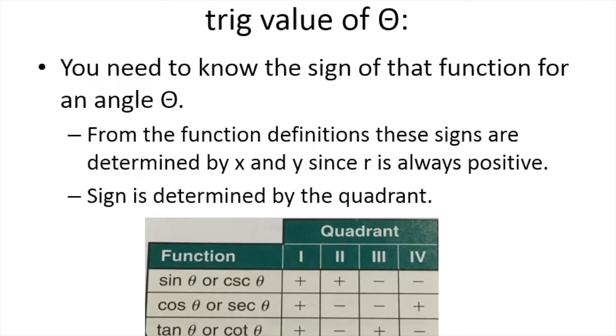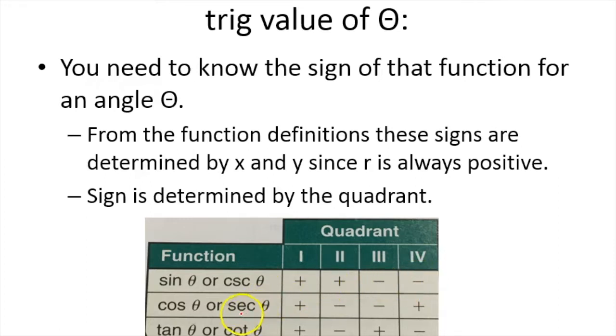The following table tells us what the sign of the function is in what quadrant. So in quadrant 1, 2, 3, or 4, is it positive or negative? And that helps us to determine the trig value using those reference angles that we just found. Okay, so you have sine and cosecant that are positive in quadrant 1 and quadrant 2, but negative in 3 and 4.